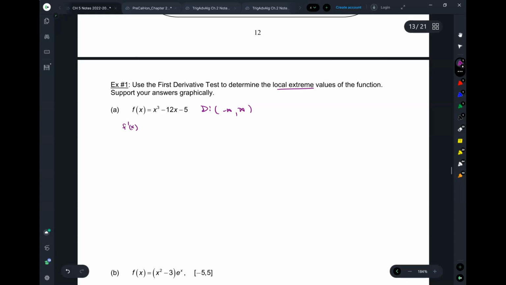We take the derivative, and then we set the derivative equal to 0. And then we factor. Let's factor out a 3 first. So this is 3 times (x minus 2)(x plus 2). So x is 2, x is negative 2.